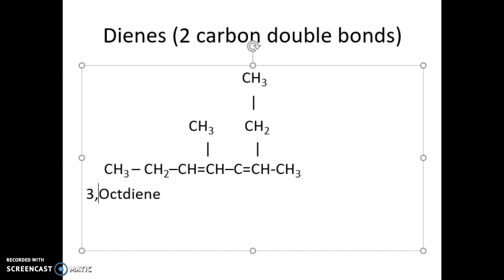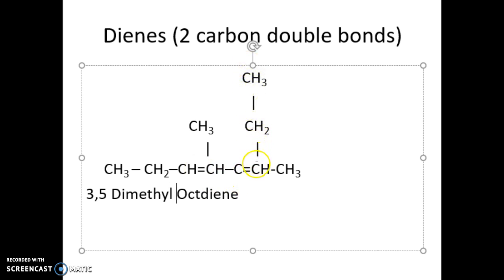Now what do we have here? We have a methyl. We have 2 methyls here, don't we? So it's 3, 1, 2, 3, 4, 5, so 3, 5. That's 2 methyl, so it's dimethyl. And all we need to put in is where the double bonds are.